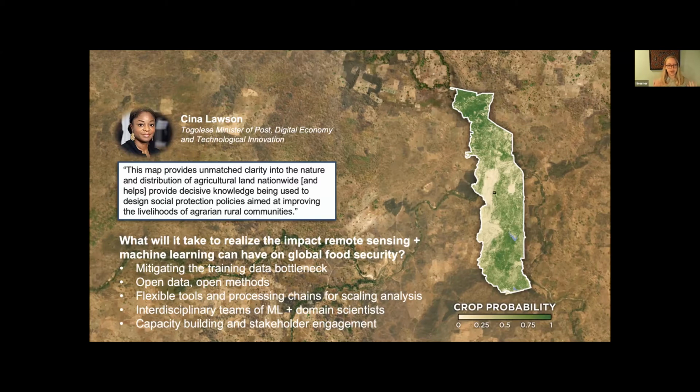Just to capture what I discussed: mitigating the training data bottleneck, having open data and open methods, creating flexible tools and processing chains for scaling our analyses globally, having interdisciplinary teams that combine machine learning researchers with the domain scientists, and doing capacity building and engaging stakeholders from the very beginning. All of these are what we need to do to really realize that benefit.